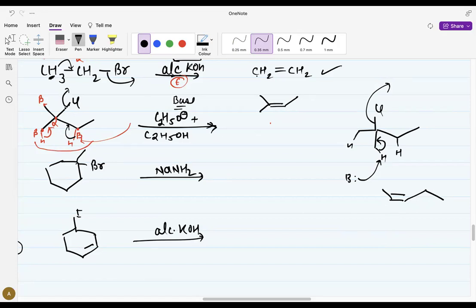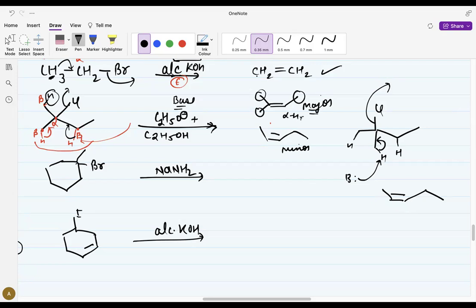Third one, let's see. If I remove hydrogen from here also, it will be the same product as these two, because these two are the same. So out of these two products, this one is our major and this one is our minor, because it has more substituents.